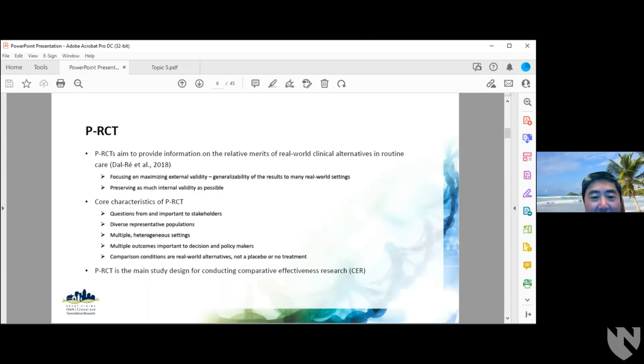It doesn't have to be scientifically innovative. It's for practice. And because you want to apply it to usual care, the results are supposed to be applied to diverse populations, which means a heterogeneous setting, not a homogeneous setting.